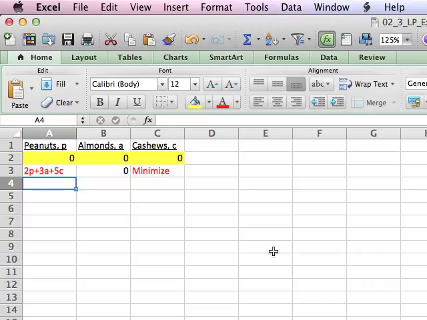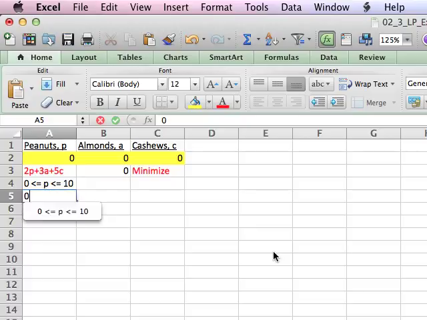So I am going to be a little sneaky and put the non-negativity constraint as well as that upper bound constraint all in one. If you are happy with this, you can do it as well, but if you'd rather separate them out as 2 for each variable, that's fine. But the way I'm going to type it in is I'm going to say, okay, I need 0 to be less than or equal to P, which is less than or equal to 10, right? No more than 10 pounds of peanuts.